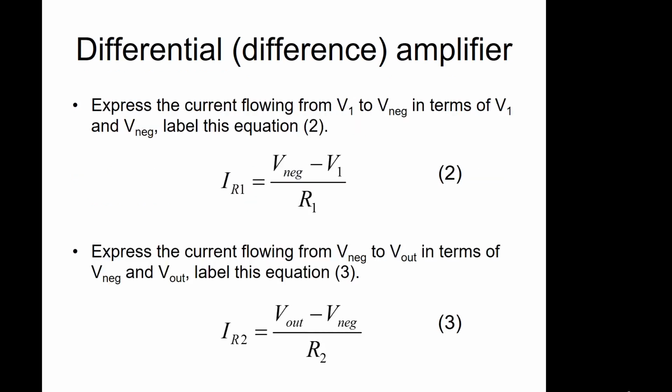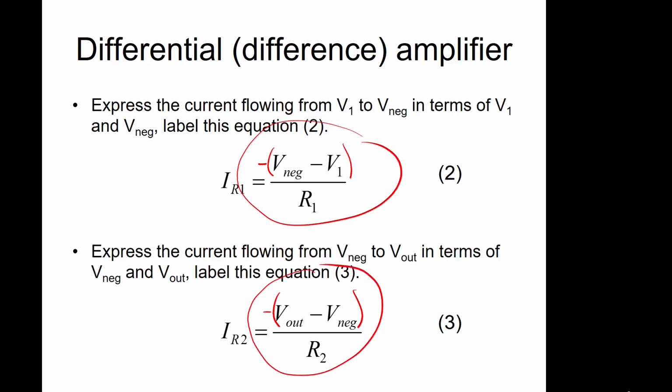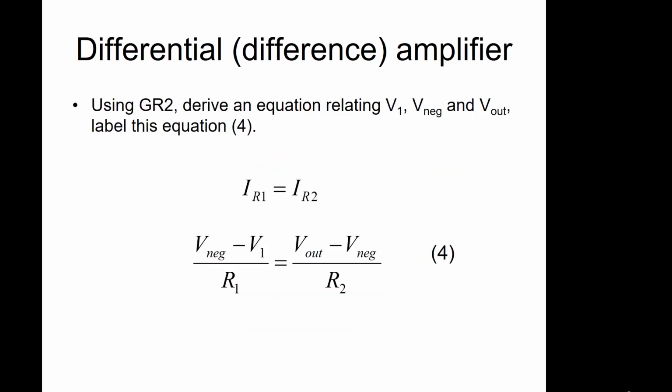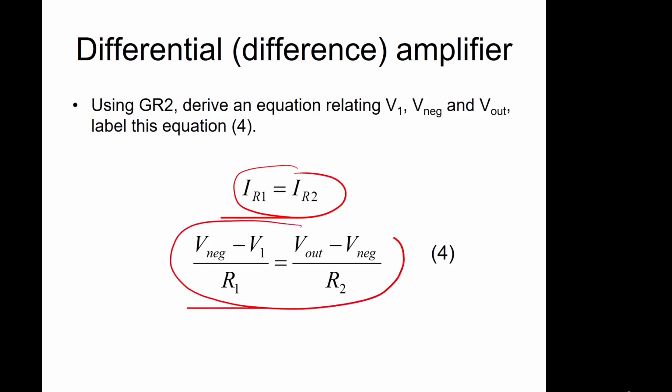There's a slight mistake in my notes, so this should actually be negative, but it all cancels out, so it's okay. So the current flowing through this feedback loop is given by this value here. So these two terms equal each other, so we can equate them. Say those currents are equal, and therefore we get this relationship on that side of the circuit.